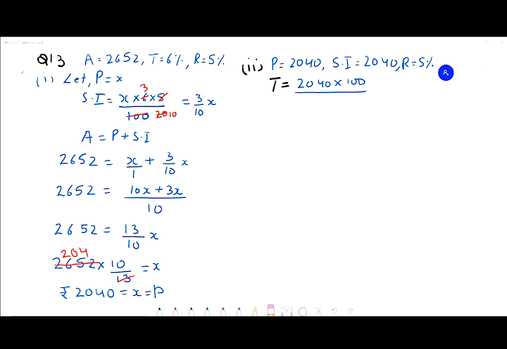So principal will be 2040 and the rate is 5. Now cut this SI with the principal. So the time will be 20 years.